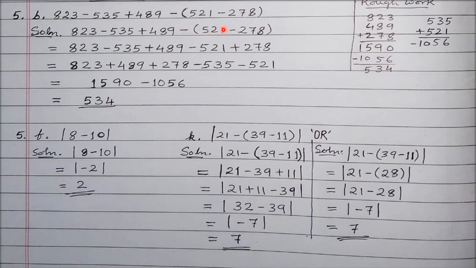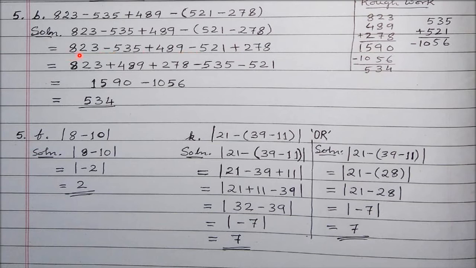That means whenever outside the bracket you have a minus sign, then when you open the bracket, all the integers' signs change when we bring them out of the bracket. So plus 521 will become minus 521, and minus 278 will become plus 278.